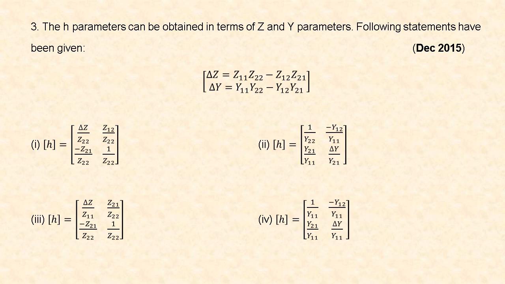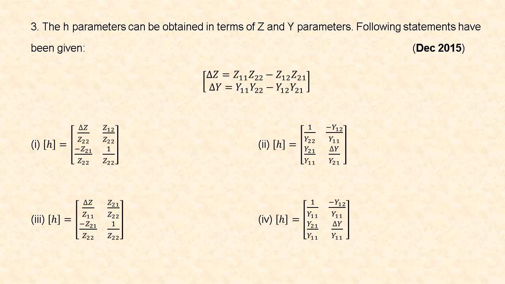Next question. This question was asked in December 2015. The H parameters can be obtained in terms of Z and Y parameters. The following statements have been given. Here they are given del Z is equal to Z11 into Z22 minus Z12 into Z21, and del Y is equal to Y11 into Y22 minus Y12 into Y21.